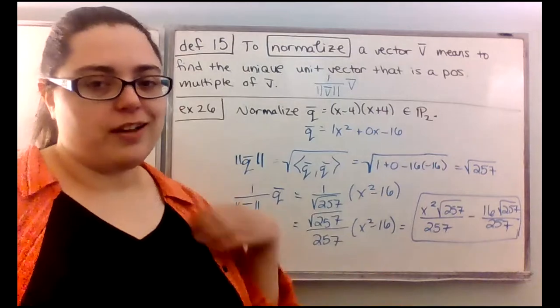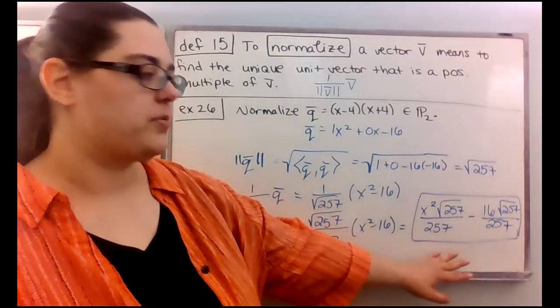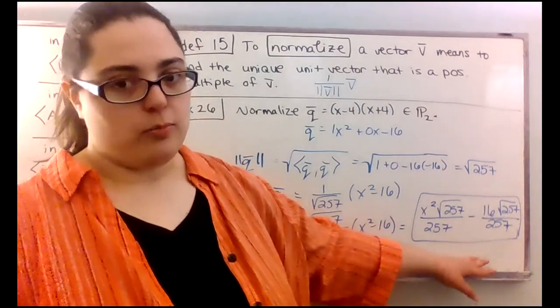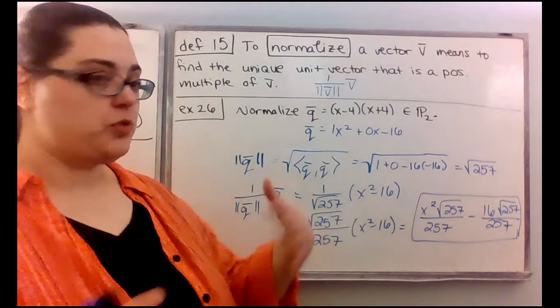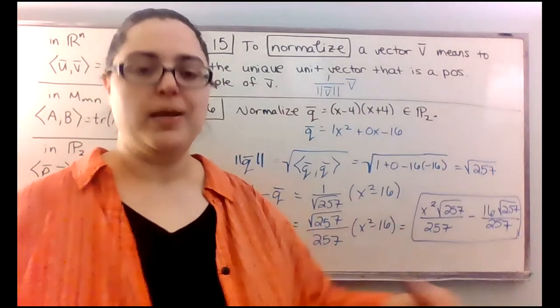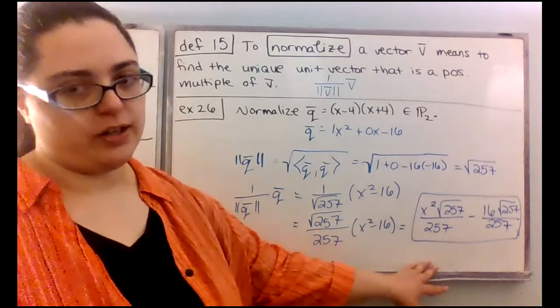Now, I will mention that for our final answers here, I am going to be expecting answers in simplest form. So even though this doesn't look simple, it is going to be considered our simplest form with our rational denominators. But if I am doing this in the context of a larger problem, which we'll be seeing in the weeks to come, then we may wait to do this rationalization till the very end.